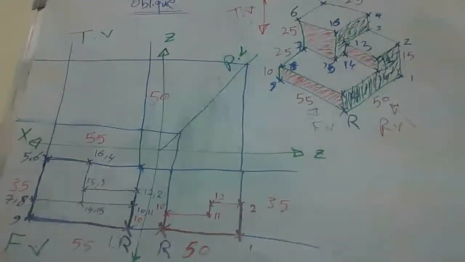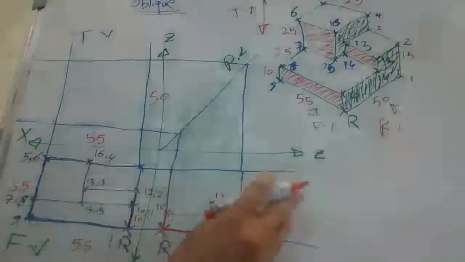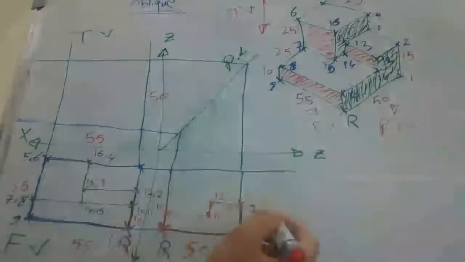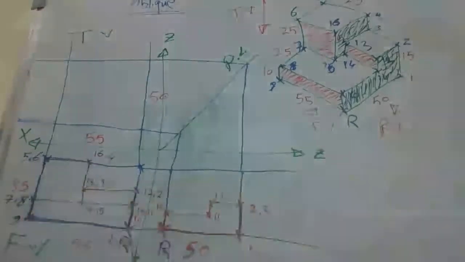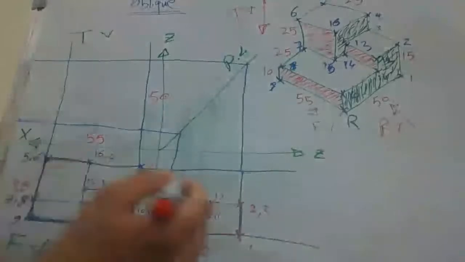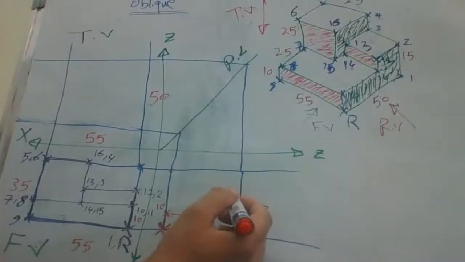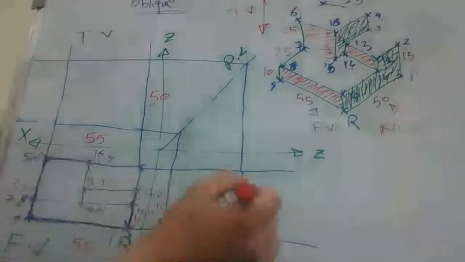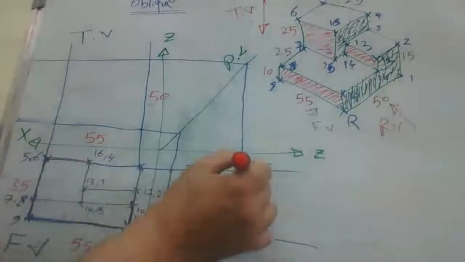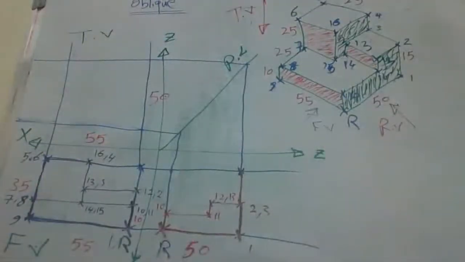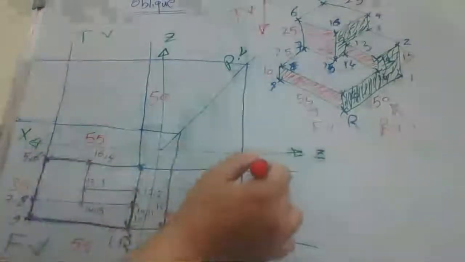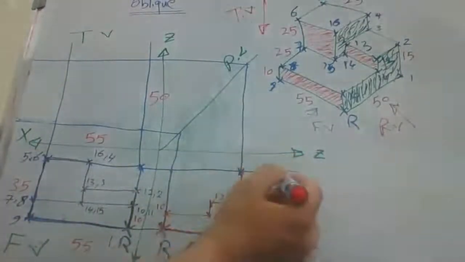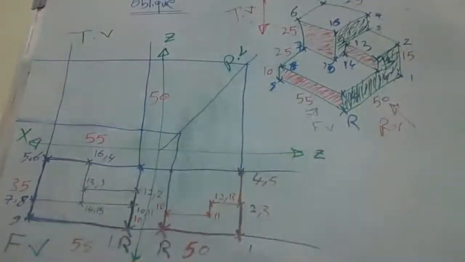The second shape, now we can see here 3 lies behind 2 and 13 behind 12. From 3 to 4, we can draw this line with length equal to 20. 5 is behind 4.